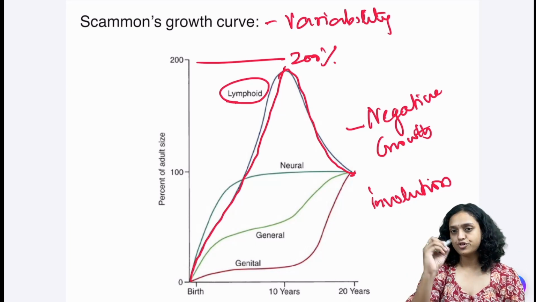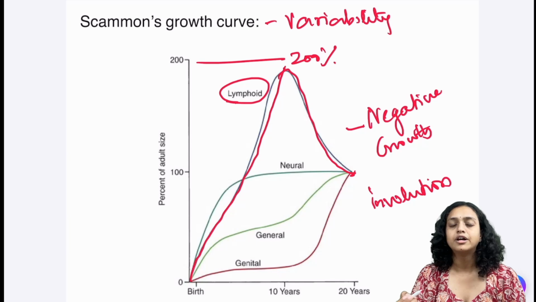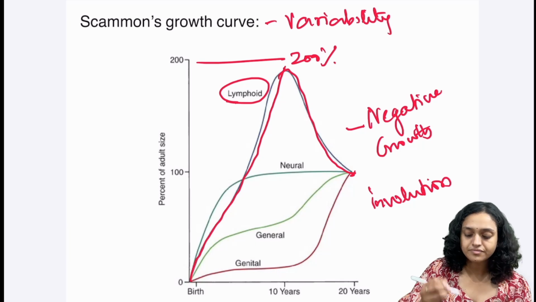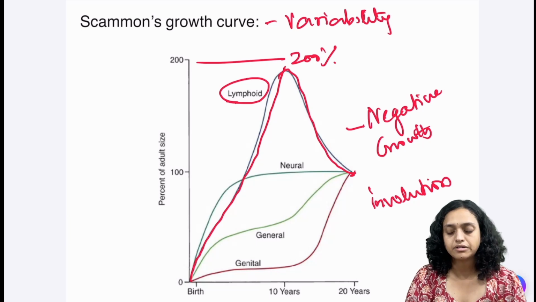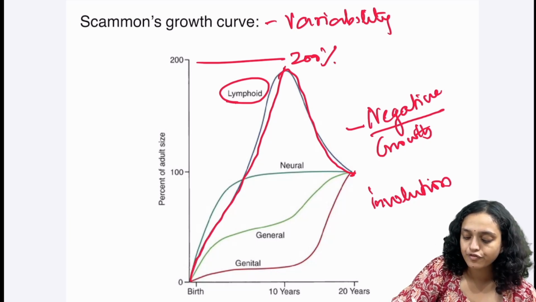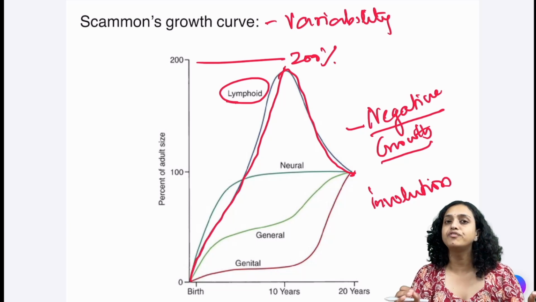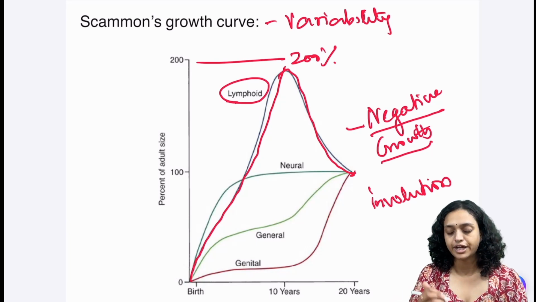Adenoid hypertrophy and tonsillar hypertrophy are very common in young children around 10 to 11 years. This happens because the growth of the organ itself follows the same pattern. This is called negative growth. You will be asked for 1 mark which organ follows a pattern of negative growth. You can answer that the lymphoid curve follows negative growth.